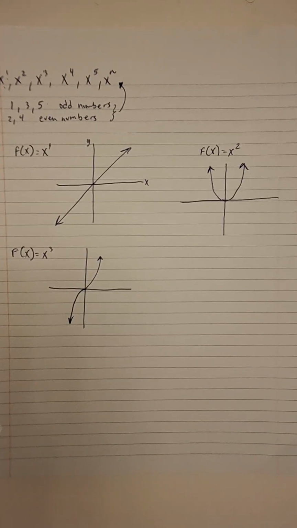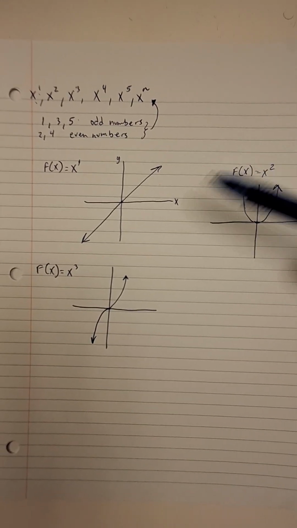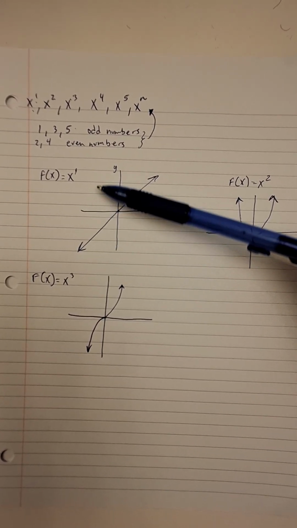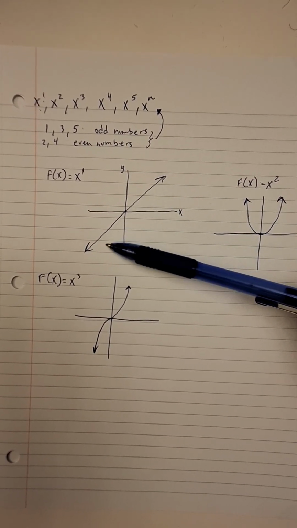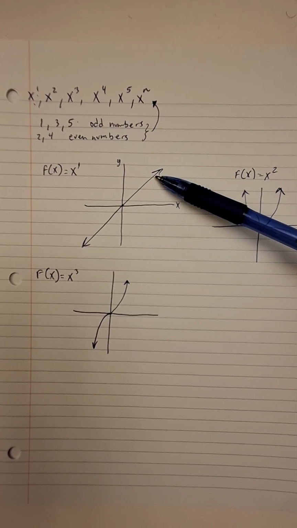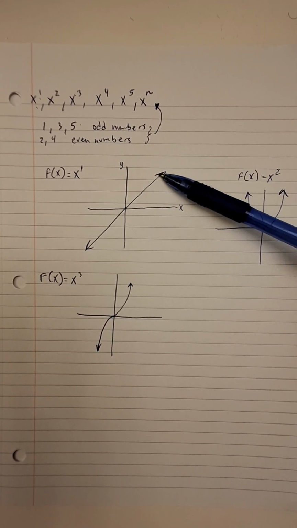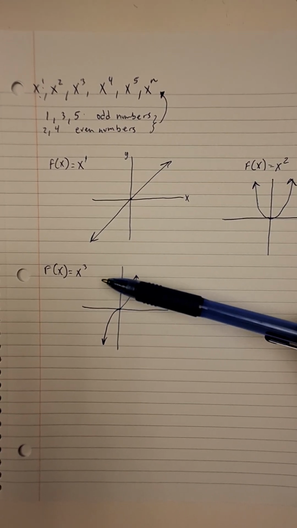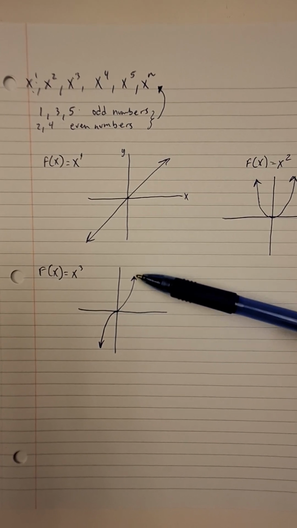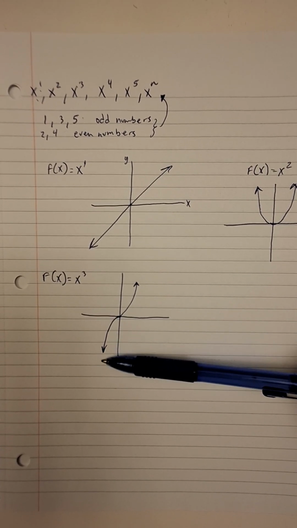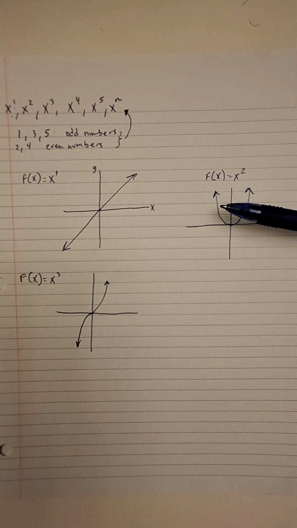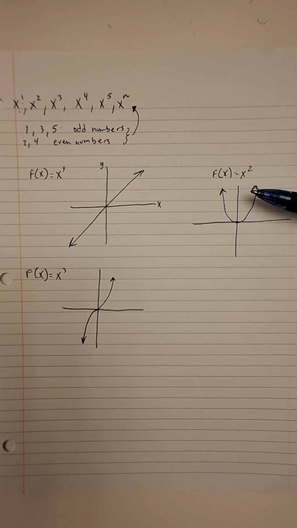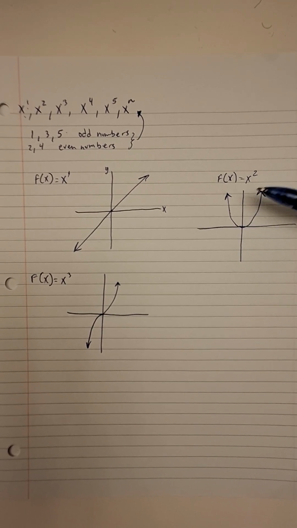Okay, so if you notice here, the odd functions have endpoints that point in opposite directions. You see this linear function, you have an arrow pointing this way, an arrow pointing the opposite way. The cubic function goes up, and then the other side comes down. However, with the even functions, like x squared, both ends of the function point in the same direction.